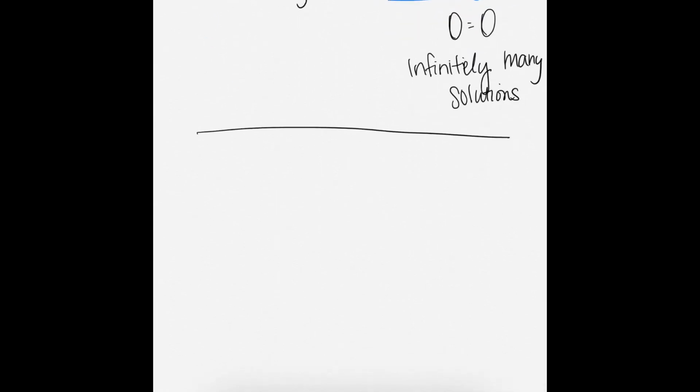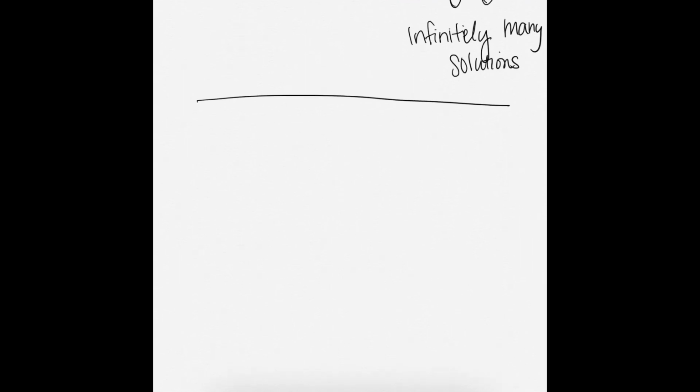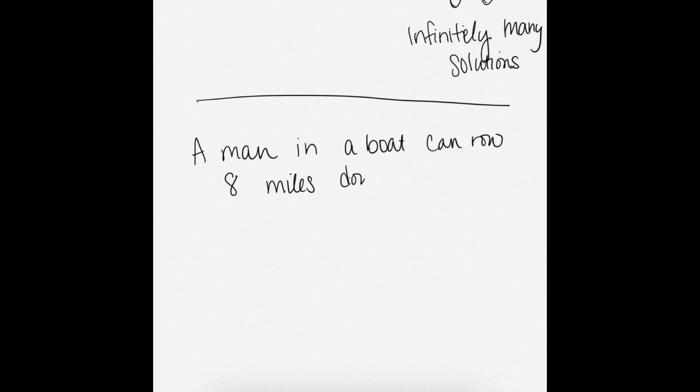All right, so let's try an example with an application. We have a man and a boat. A man and a boat can row 8 miles downstream in 1 hour.